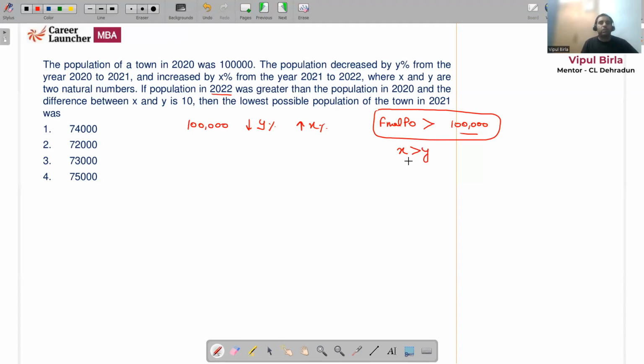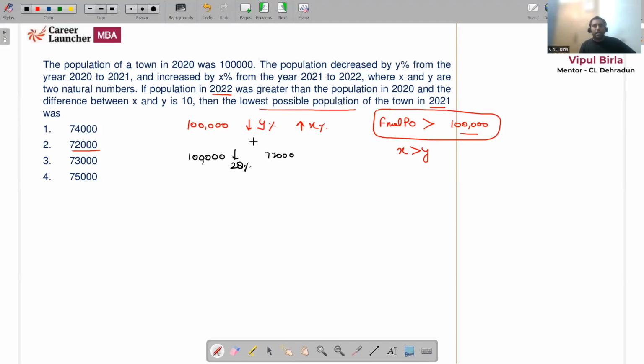Now the best possible way is just to play with the options. They're asking for the lowest population in 2021. So out of the 4 options, let's start with the lowest value, say 72,000. When the population in 2021 is 72,000, there has to be a decrease of 28%.